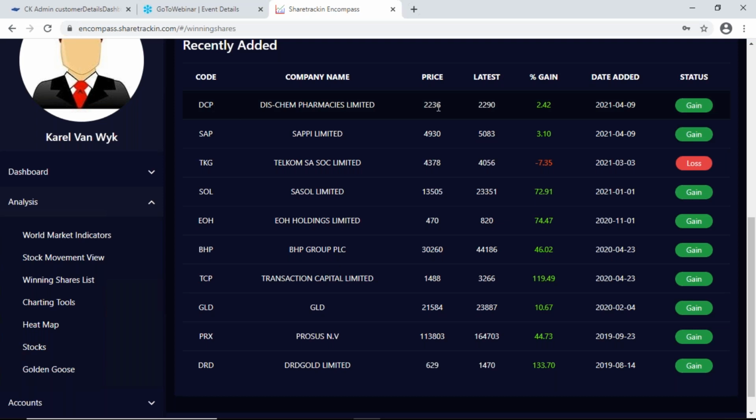Then I get the price per share, what it was worth the day she added the share. That's in cents. The latest is the current price per share, also in cents. The percentage gain, so what it grew or lost since she added the share, and then the date she added the share, and then the status, whether this share is making a gain or, like Telkom, a loss.